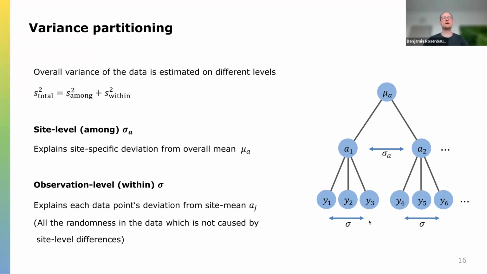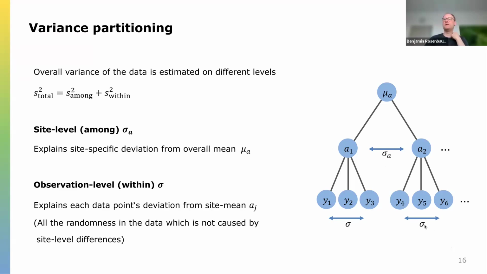So it's on the observational level. Here the total variance is split up into this among and this within variance. They both act on different hierarchical levels, and both of these sigmas are parameters which are estimated.